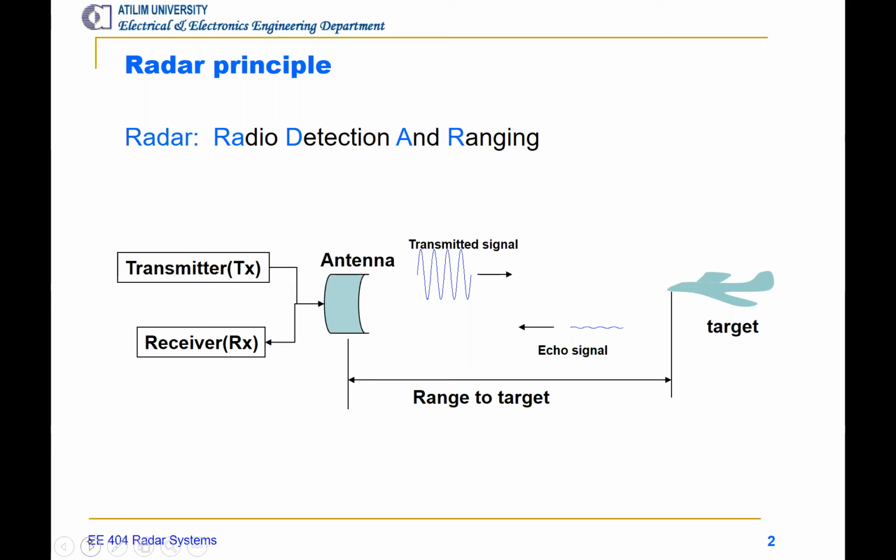It travels in space and hits a subject or a target that we want to see, and then returns to the transmitter, the location where we transmitted it. And we simply count the time elapsed to determine the range to the target. Okay? As you see, the idea is very simple, but when you want to detect the target and try to measure its speed or other properties, then that's not that easy.